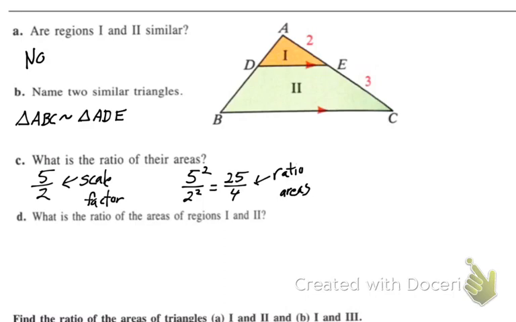The next thing says, what is the ratio of the areas of regions 1 and 2? Who can help me find the ratio of areas from regions 1 and 2? No one has an idea?